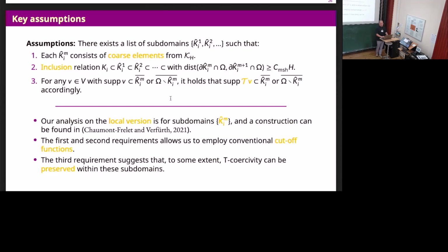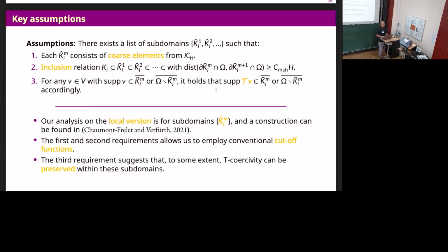Another assumption is the following, number 3. We have to assume that this mapping T satisfies this condition. Basically, if the support of some function V is inside some oversample region, then the support of T of V should also be inside the same oversample region.